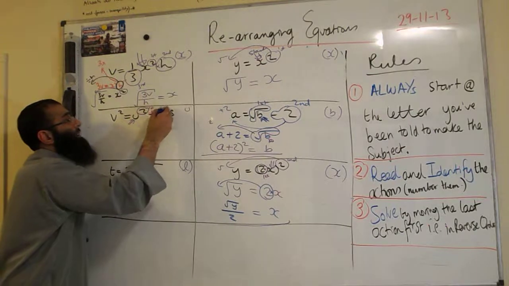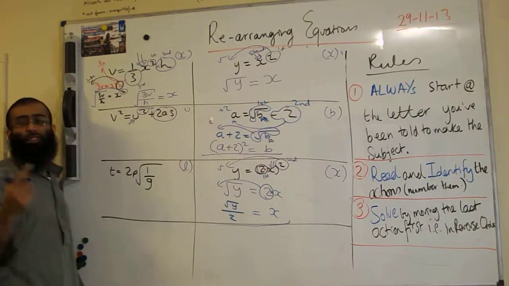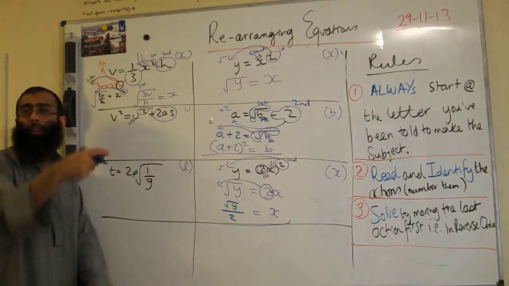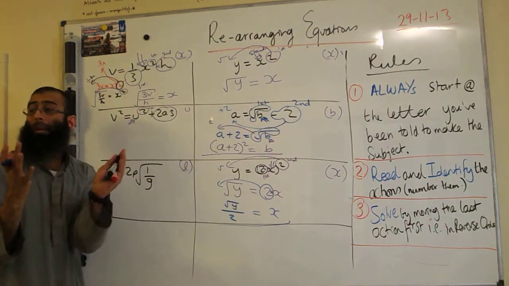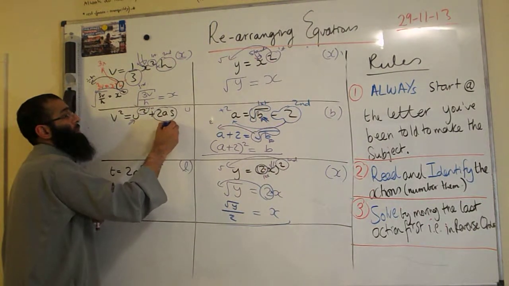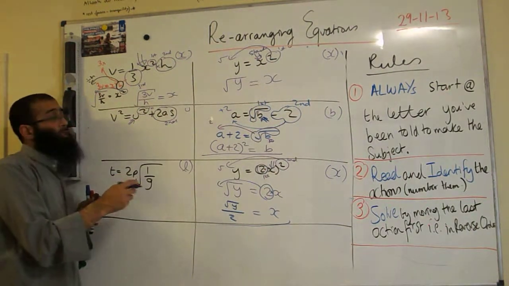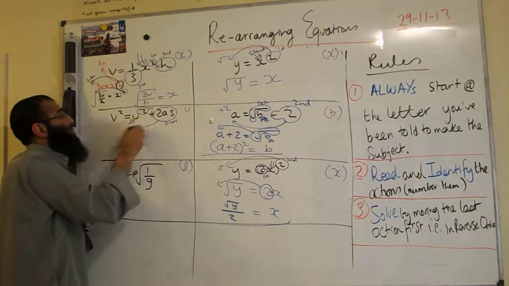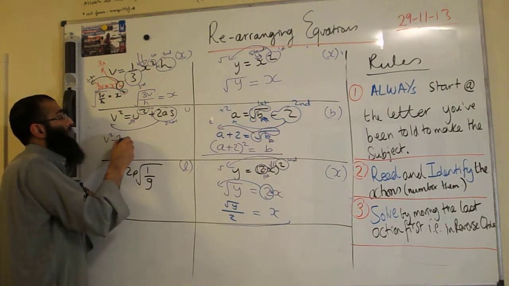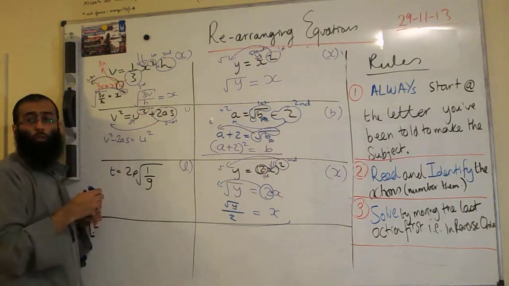Then we are adding 2as. We can treat that as one action, Najma. When we're adding 2 times a times s, we just treat that as one clump, as one item. So we are now adding 2as. Okay, Najma, what's the opposite of adding 2as? So we have v squared minus 2as is equal to u squared.